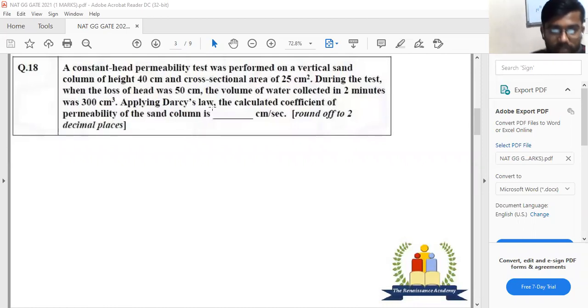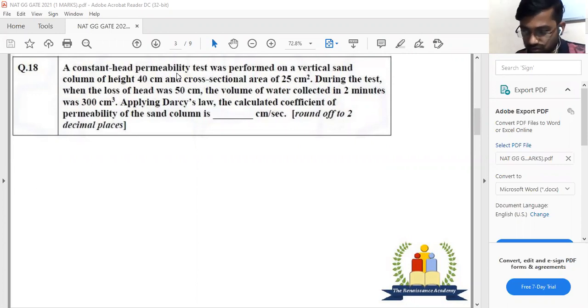The constant head permeability test was performed on a vertical sand column, okay, of height 40 centimeter and cross sectional area of 25 centimeters. During the test, when the loss of head was 50 centimeter, the volume of water collected in 2 minutes was 300 centimeters. Applying Darcy law, the calculated coefficient of permeability of the sand column is fill in the blank centimeter per second. Round up to 2 decimal places.